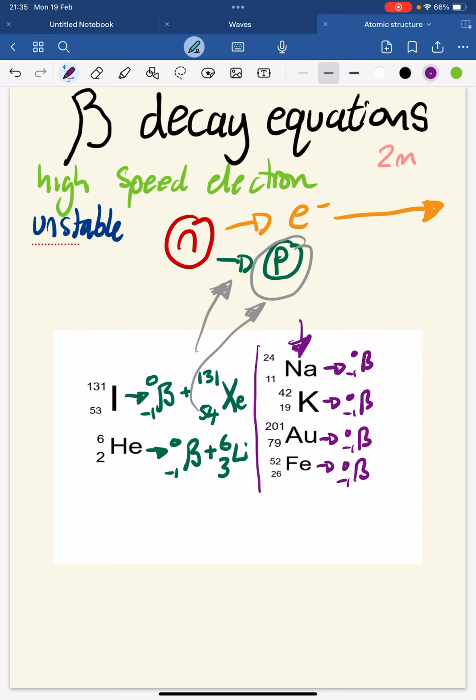Now you sometimes might see the beta particle written something like that, so it's an electron. Sodium turns to magnesium.